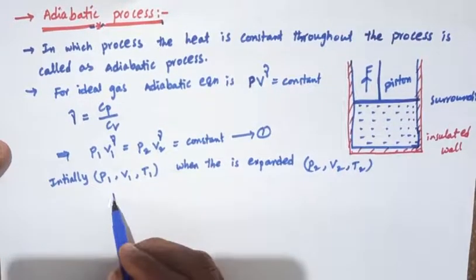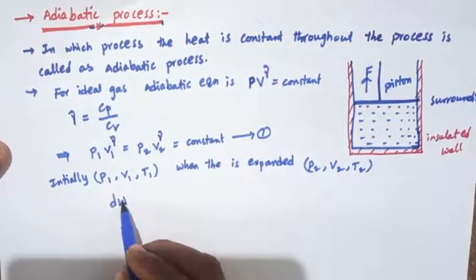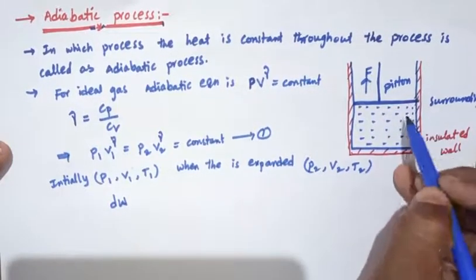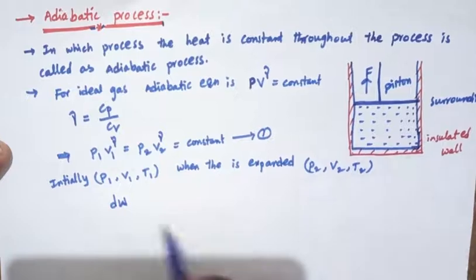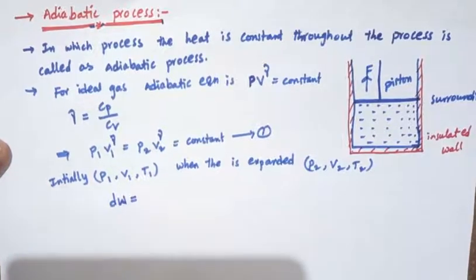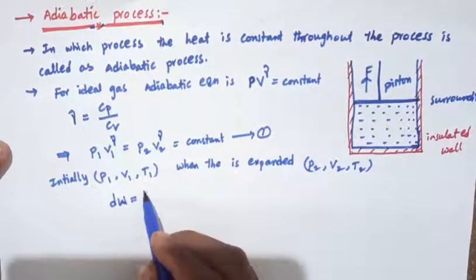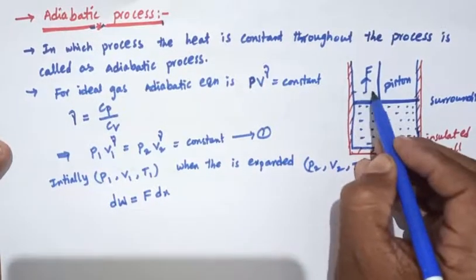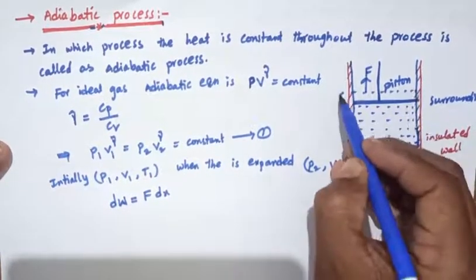The work done on the surroundings by the gas is dW equals F into dx, where dx is a certain displacement.